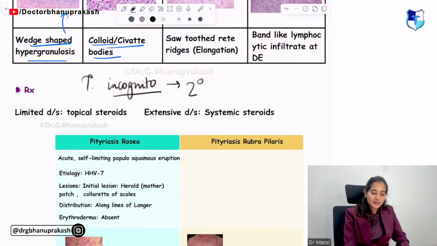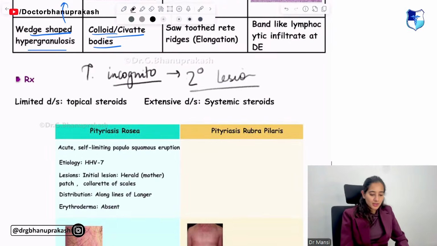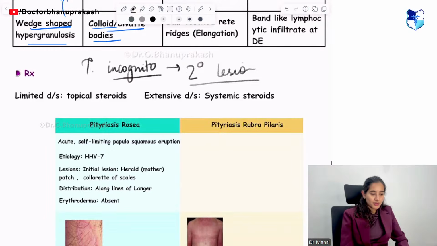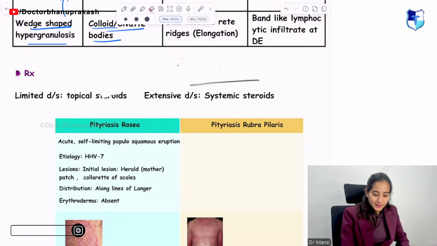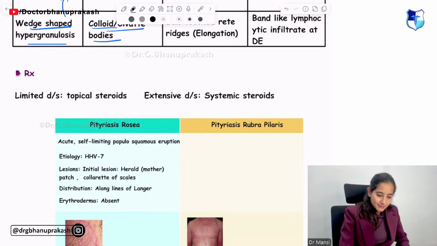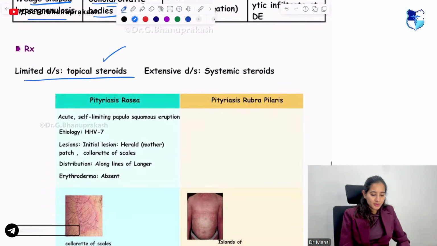So it is a secondary kind of lesion. It has become secondary because of the topical steroid application. Okay, so let's not move away from the topic. Go back and revise. So, limited disease, you use topical steroids and then you use systemic steroids.